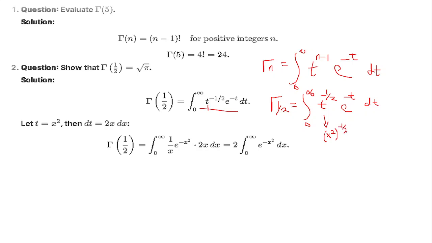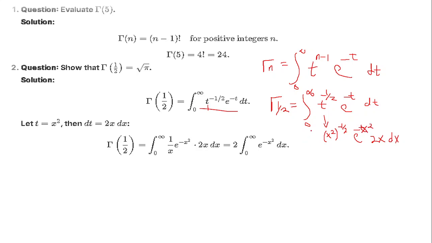So if you put x squared, we're going to have this -1/2 power, and then you put the t. The e here remains, minus t. Then you put the dt, which is 2x dx. Anywhere you see t, you put x squared, so this will be minus x squared.